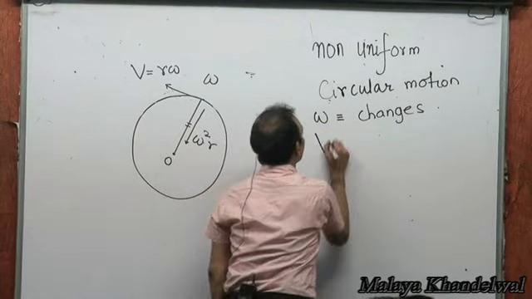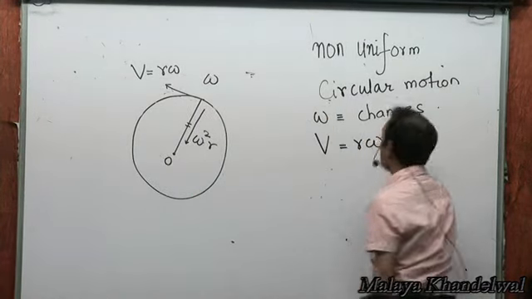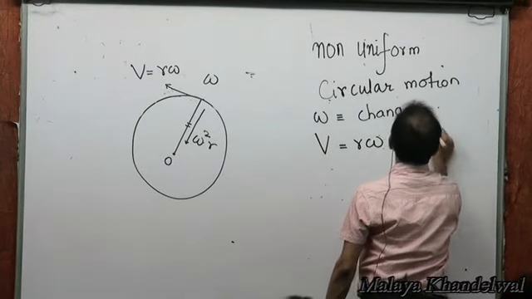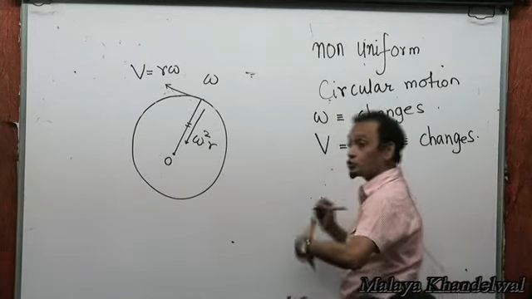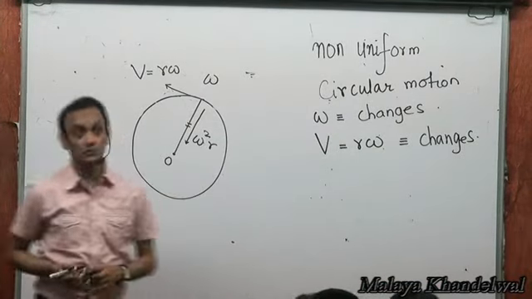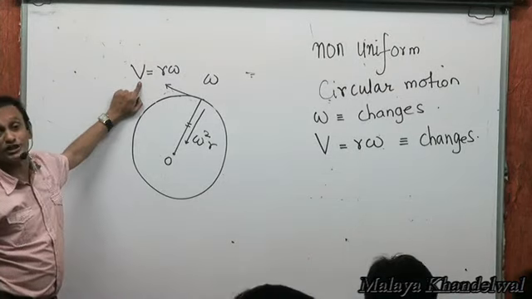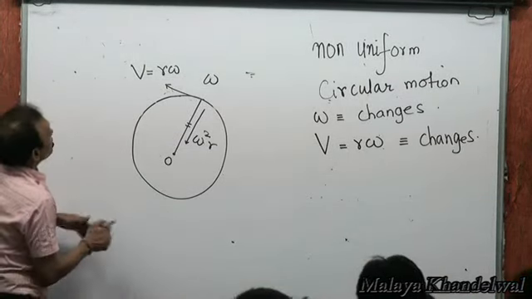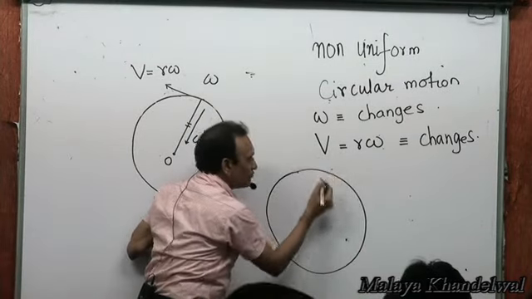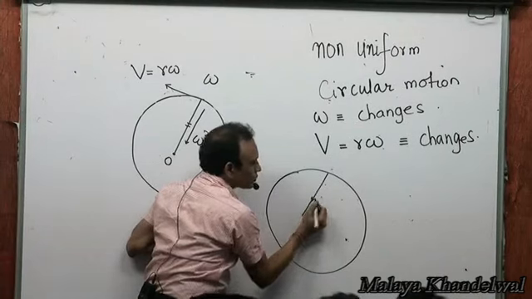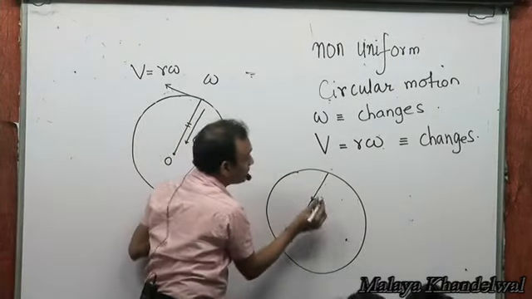So linear speed v, which is r omega, r is constant, omega is changing with time. So this will also change. The linear speed will also change with time. That means the magnitude of v is changing with time. That means at every given instant, the direction of v is changing, which will be obtained by the centripetal acceleration.